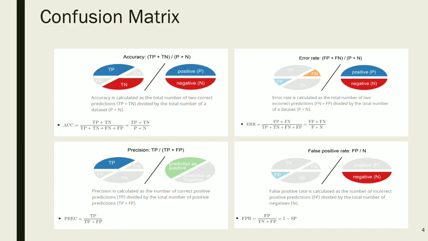Precision is the number of correct positive predictions divided by the total number of positive predictions, that is true positive, where the actual class was 1 and you detected 1, divided by true positive plus false positive. That means in a particular data set, how many you detected as positive, and out of that, which were actually positive.